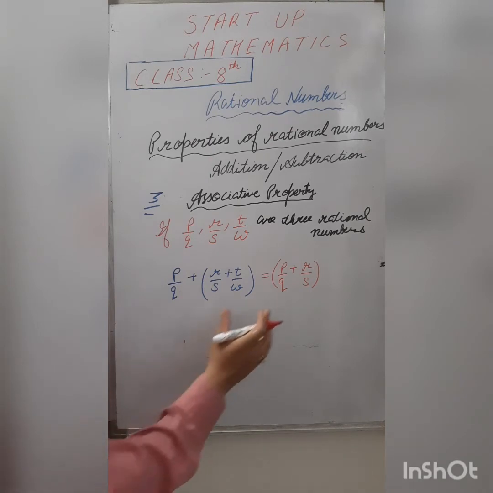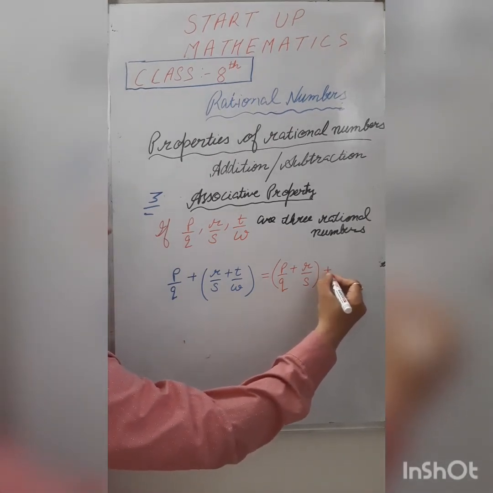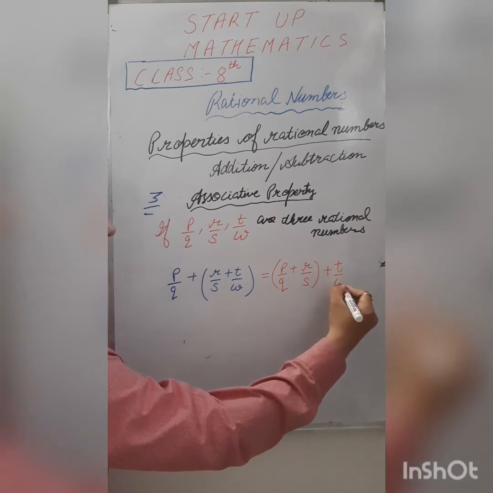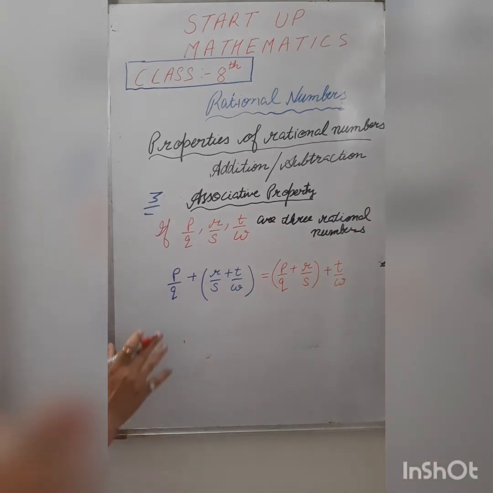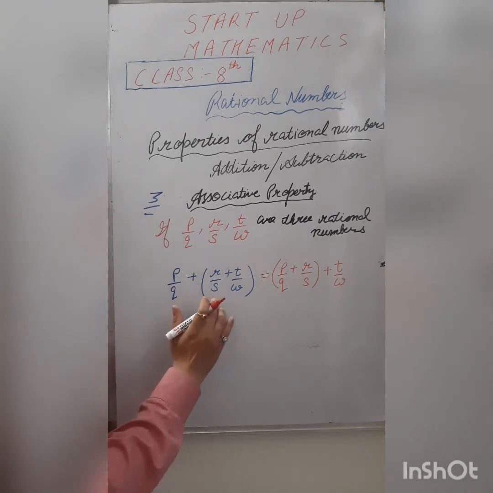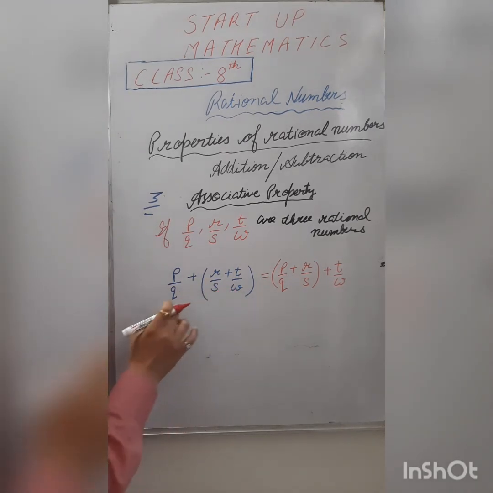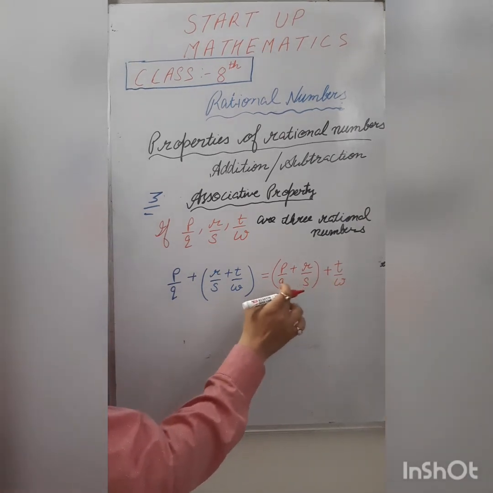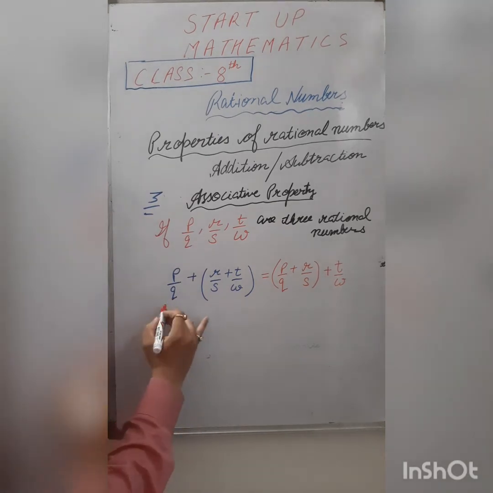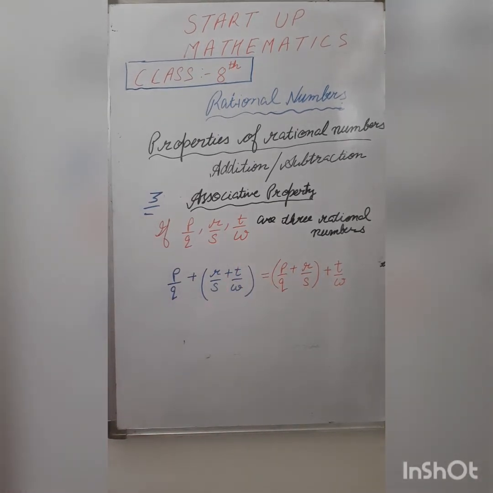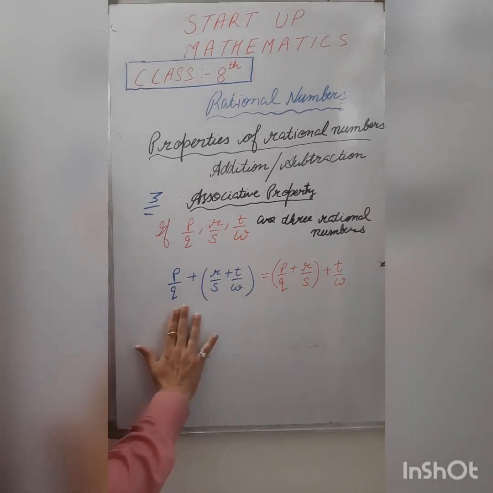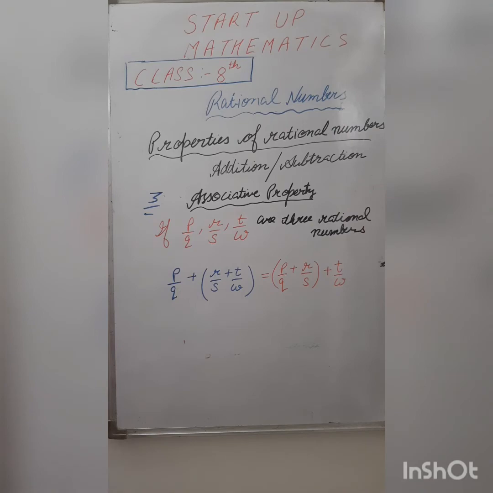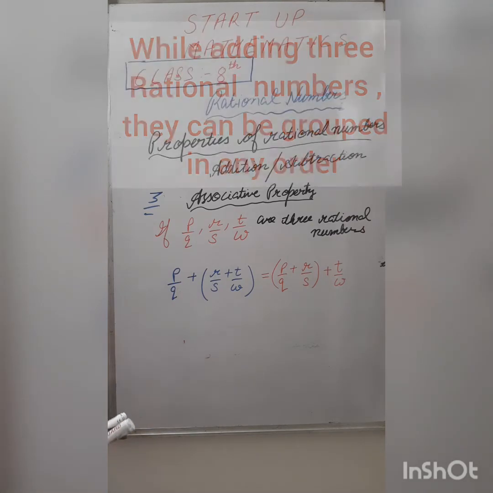Again group, the sum of the first two rational numbers is added to the last rational number. यहाँ इन दोनों केसेस में आप जैसे भी ग्रुप करो टू रैशनल नंबर्स को, you will get the sum same in both the orders.